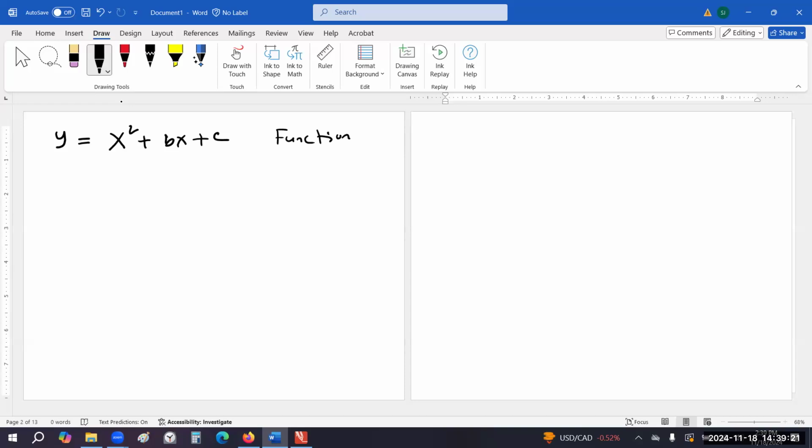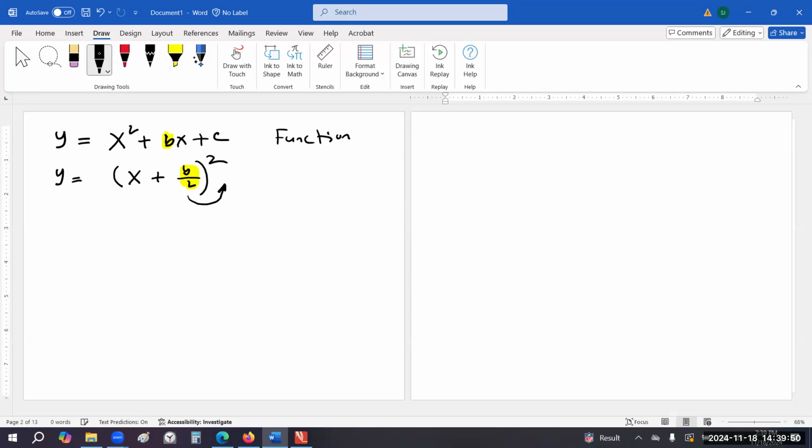So when you have a function and you complete the square, it's simple. It's x plus half of b. Whatever we have here, we take half of that, put it inside a parenthesis, and we complete the square. But we also have to do something extra.